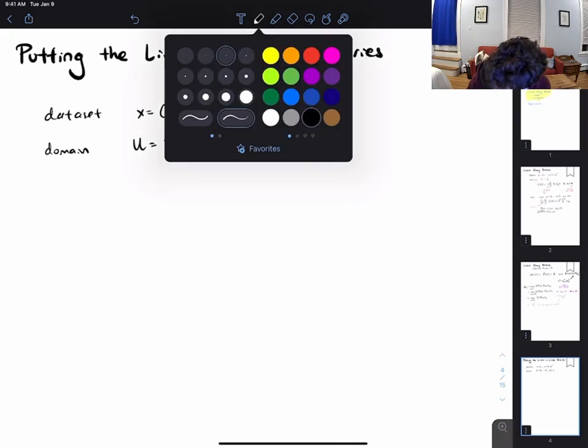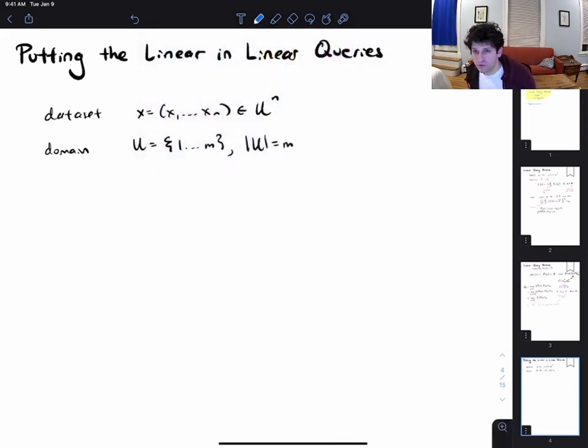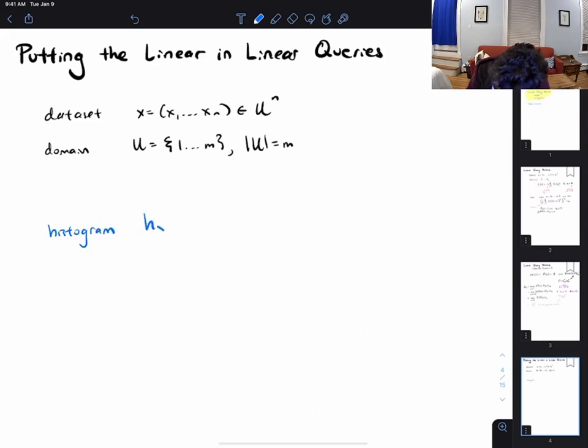Now I'm going to replace this data set and domain with what's called the histogram of the data set. The histogram is going to be some h sub x, an element of R to the m.